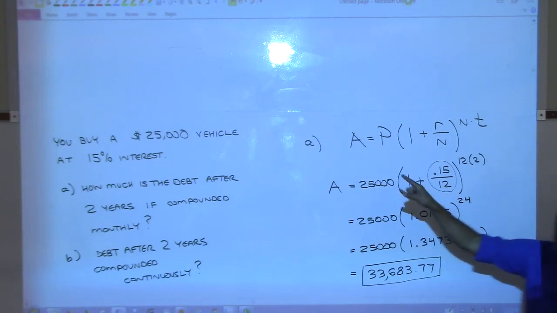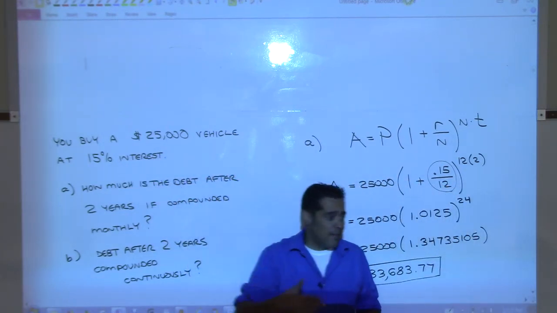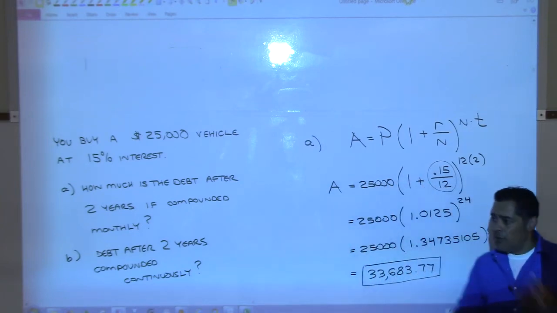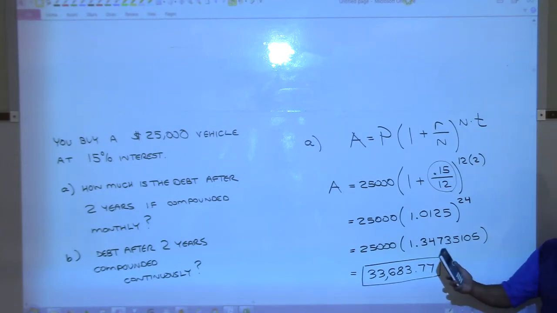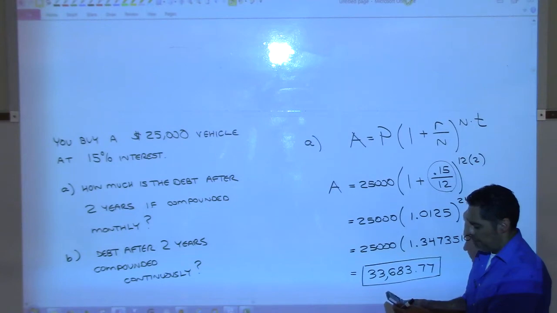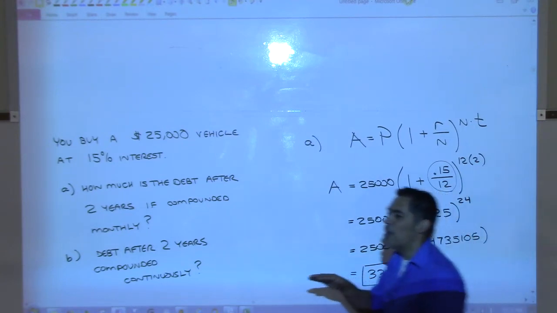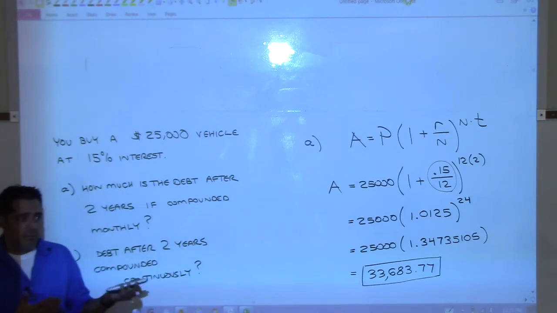The idea is this. That amount is going to grow, okay? It's going to grow off the interest rate unless you're paying enough each month to counter this much growth. So if it grows by $8,600 in 2 years, then that means every year it's growing by about $4,300. Okay?